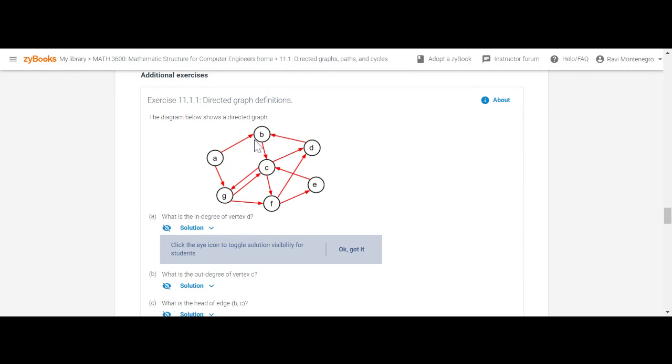I might go A, B, C, F, E. Again, it took me 4 steps to get to E. But if we look carefully, we can see A, G, F, E gets there in 3. So a topic we'll talk about later is shortest paths. In this case, I found many length 4 paths from A to E, but there was a length 3 one, which is shorter.